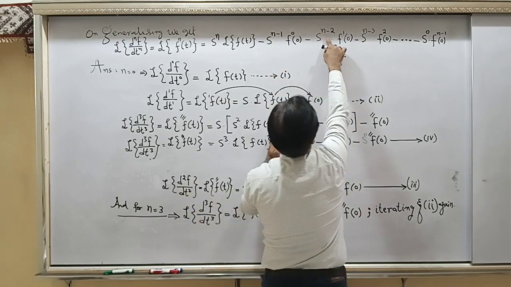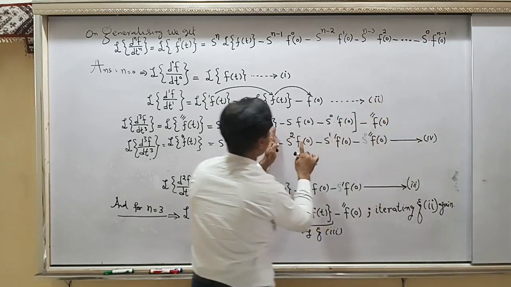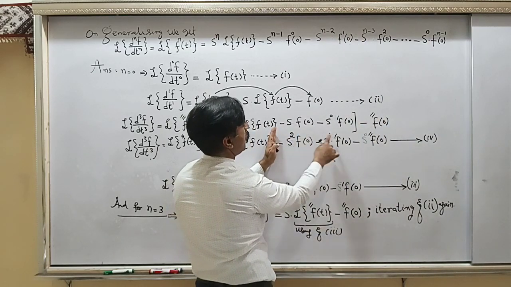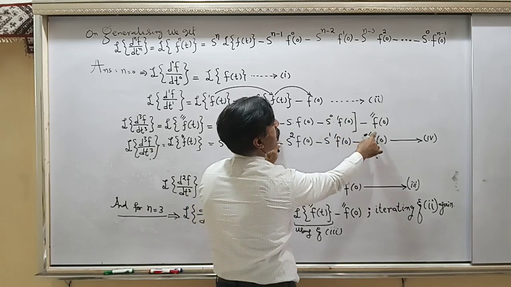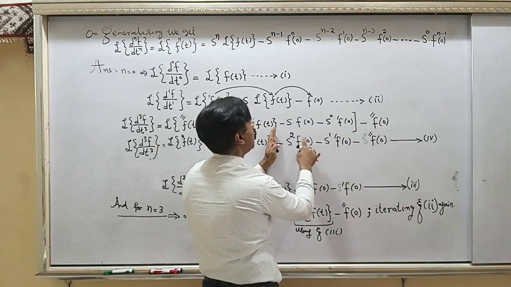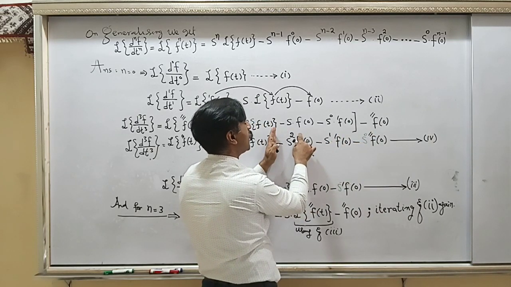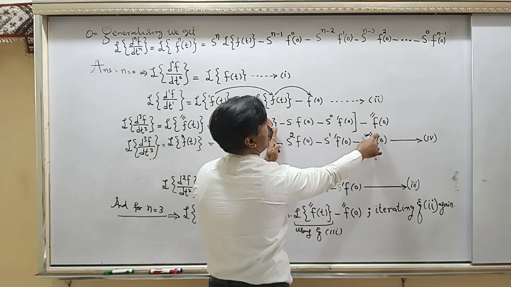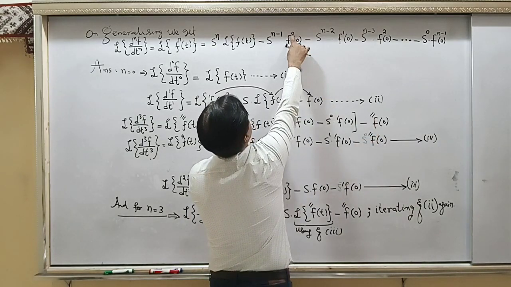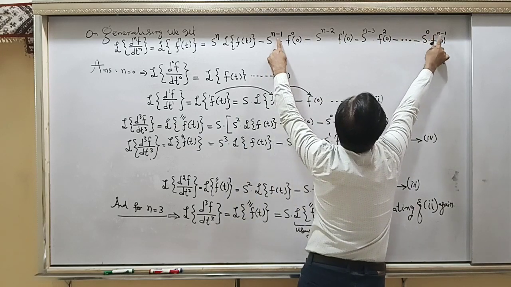Same here, decreasing by 1 unit to 0. Now the order of derivative: zeroth order, first order and second order. It means the order of the derivative is increasing from 0 to 2, and here from 0 to n minus 1.